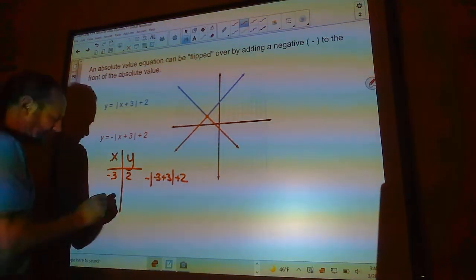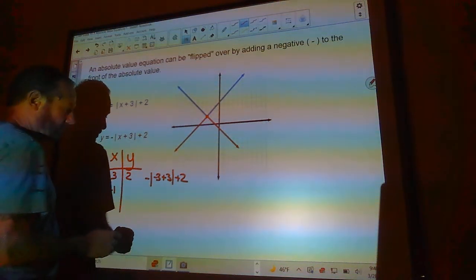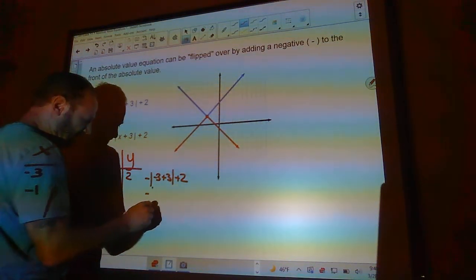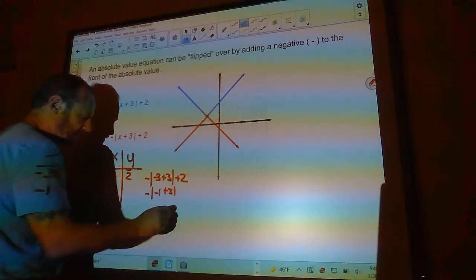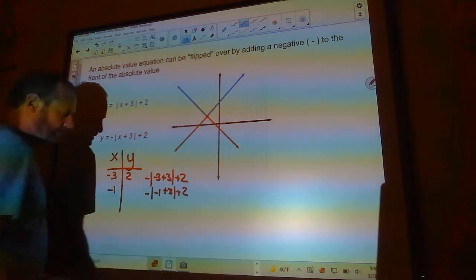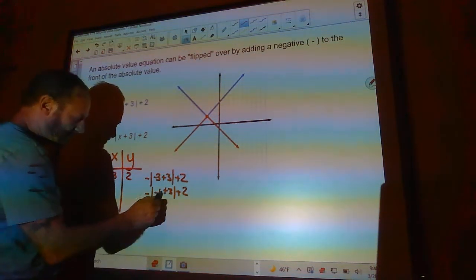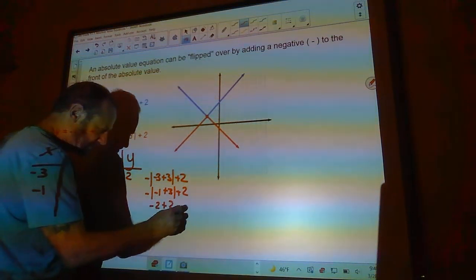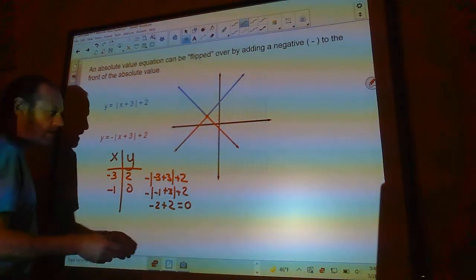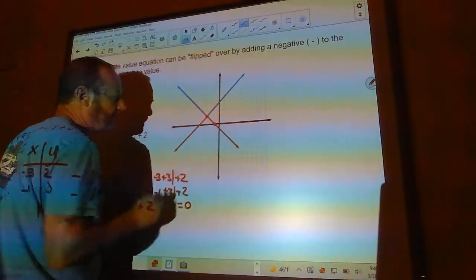What if I plug in negative 1? Well, that's going to give me negative absolute value of negative 1 plus 3, plus 2. So this is going to be 2. Absolute value of 2 is 2, so this is negative 2 plus 2, which is 0. Negative 1, 0 right there.